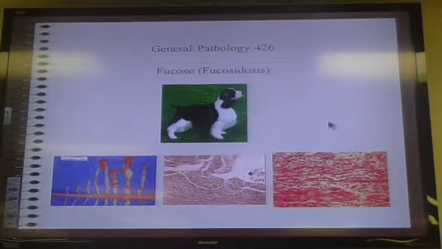Fucose is another one that can accumulate. Why do you think I got this dog on here? Because most of these things are genetic. Why is this dog on here? That's the breed it occurs in, or one. So, what breed of dog is it? It's a spaniel, but it's not a cocker spaniel.